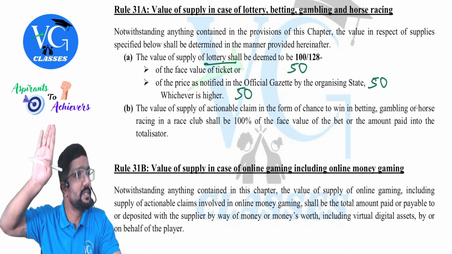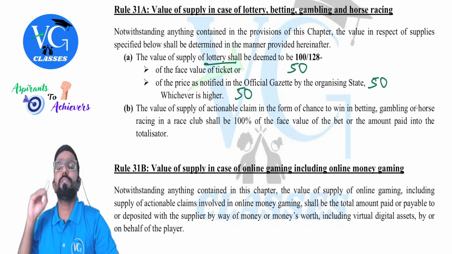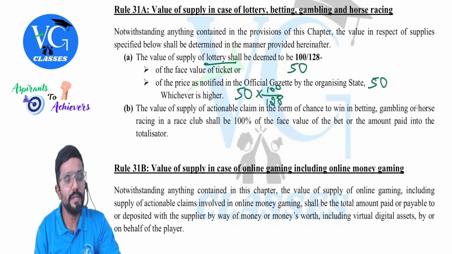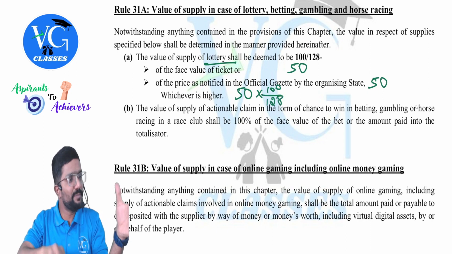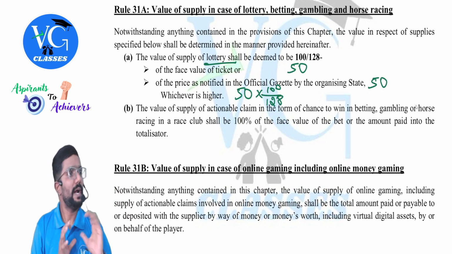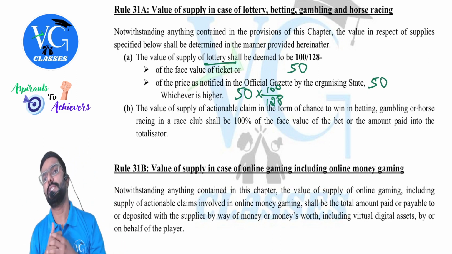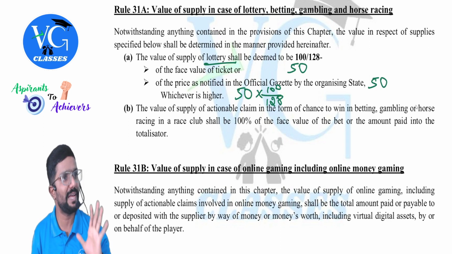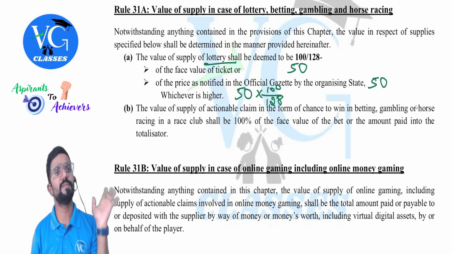So if I want to calculate the value component, what will I do, guys? I will multiply by 100 divided by 128. That 128 stands for 100 plus 28% GST. On lottery, the GST rate is 28%. So in simple terms, 50 is inclusive of GST.